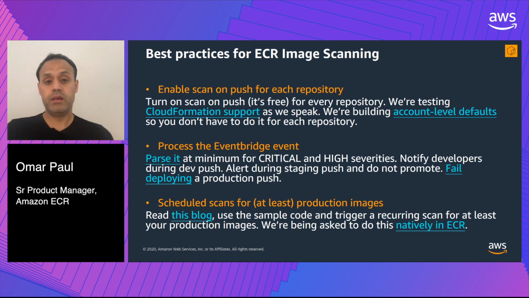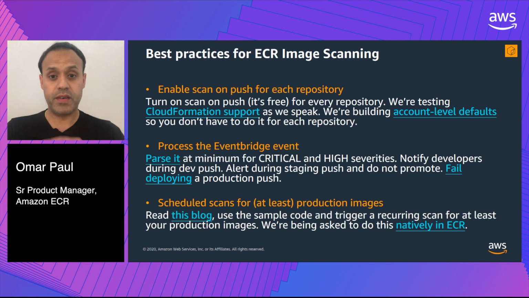But in the meantime, when you can, read the linked blog and use the sample code to set up a Lambda function that triggers an ad hoc scan from a scheduled CloudWatch event. This is an easy way to stay vigilant for vulnerabilities that are found after you've already deployed. And if you're already processing the scan complete event, you'll be able to take action if something is found.